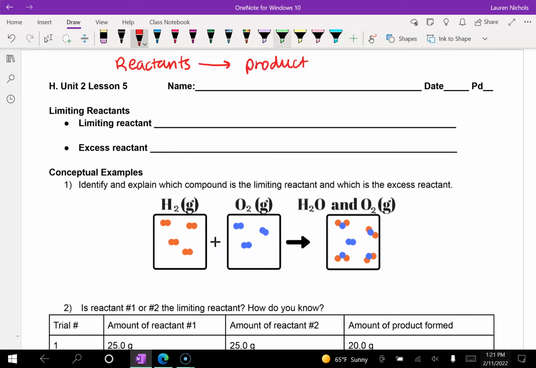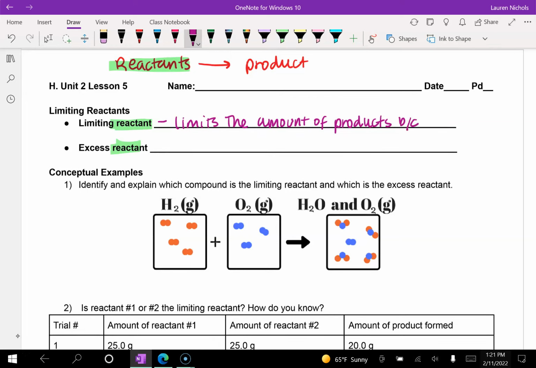So when we're talking about limiting and excess reactants, we're talking about your ingredients, the things that you start with in a chemical equation or that you start with in a lab. So a limiting reactant limits the amount of product made. And the reason why it limits the amount of products is because it runs out.